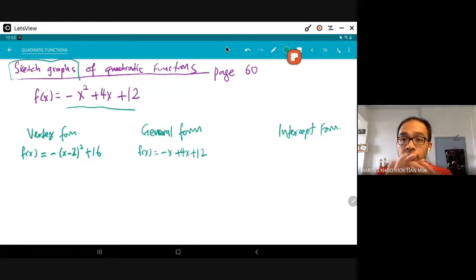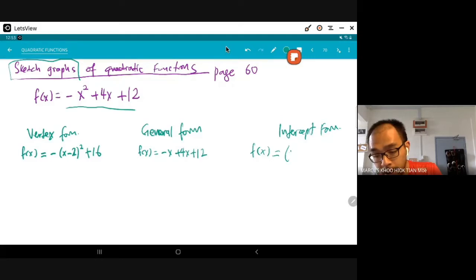Number one, write the equation in all three forms. Okay, must. So now we have vertex form, we have general form. Lastly is the intercept form. Intercept form is where we have to find the two brackets. So when we factorize this, we are going to get negative (x minus 6) and (x plus 2).